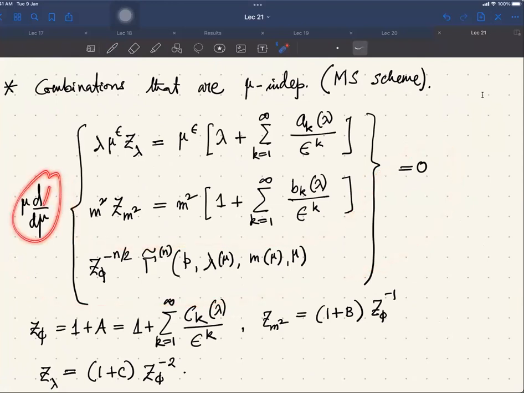So mu d by d mu acting on this entire thing has two parts. One is mu d by d mu acting on this. Since it's a total derivative, one can use the chain rule to write it as a sum of partial derivatives with respect to lambda, with respect to m, and with respect to mu. Now the partial derivative with respect to lambda will be multiplied by mu d lambda by d mu, which is basically beta lambda.